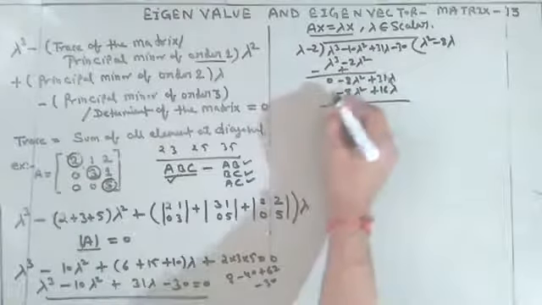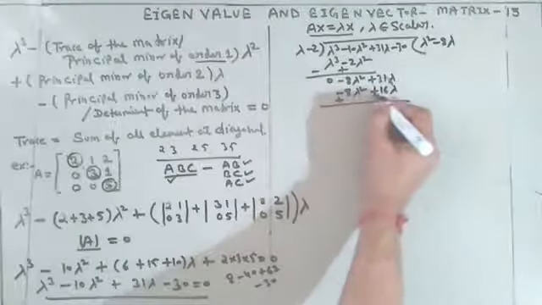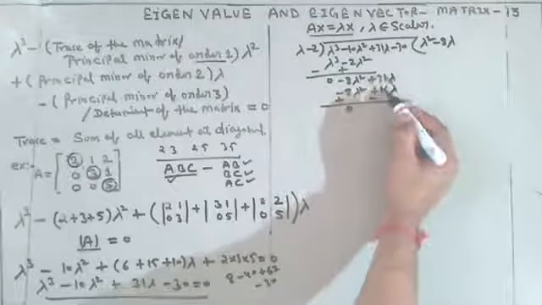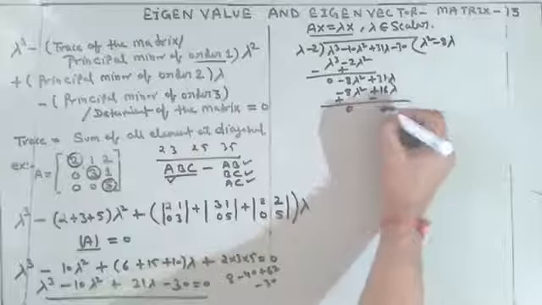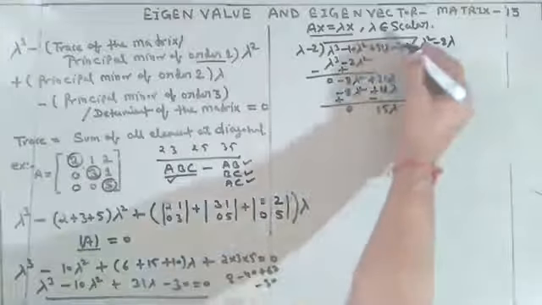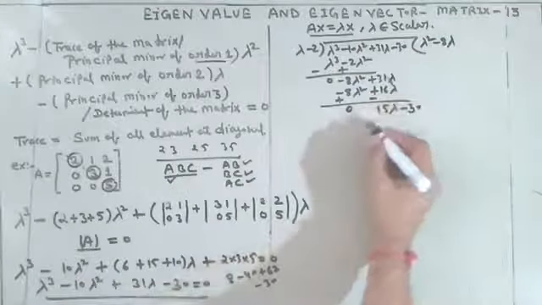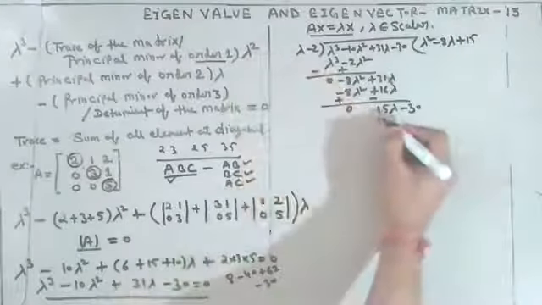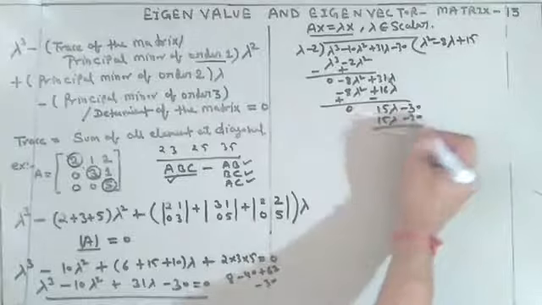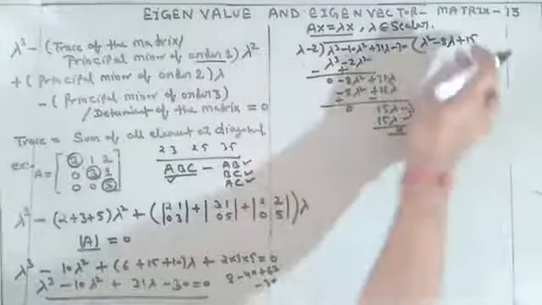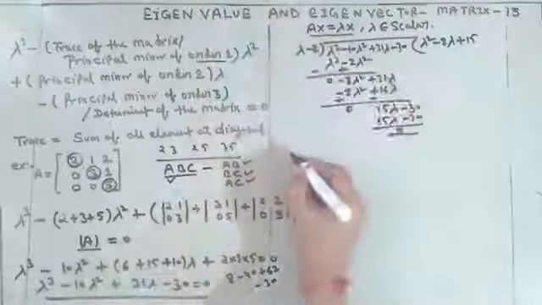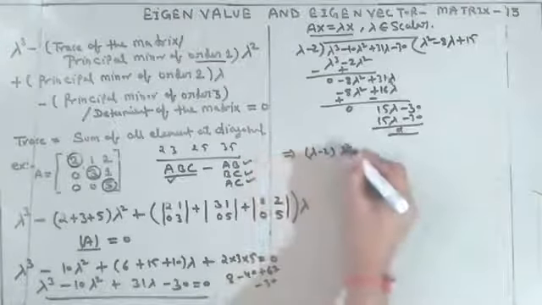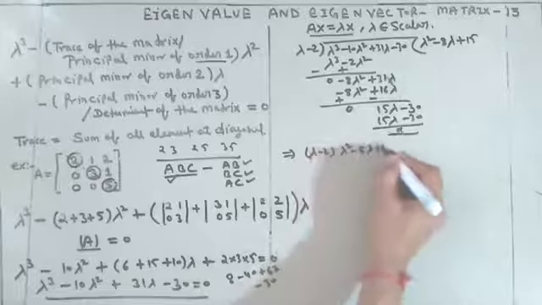After subtracting, 31 minus 16 is equal to 15 lambda. Then comes minus 30. Now you multiply by 15, then you will get 15 lambda minus 30. So it implies that your factorization is lambda minus 2 times lambda square minus 8 lambda plus 15.